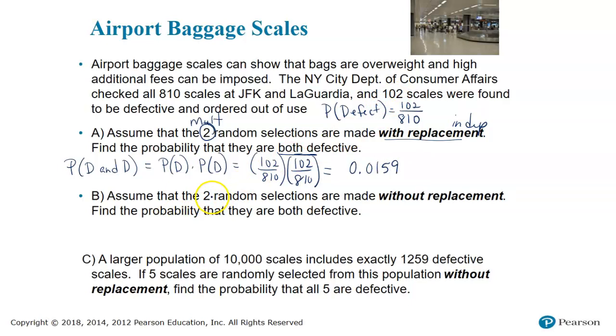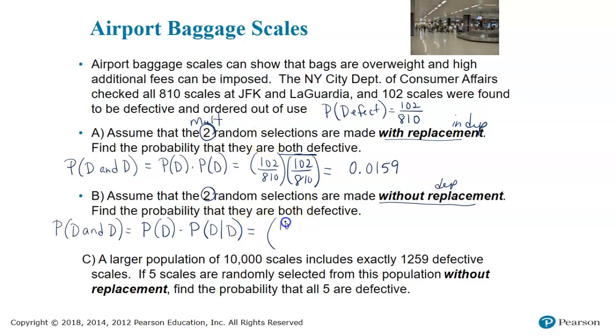Okay, moving on to the second one, we're still selecting 2. This one's without replacement, so it's dependent. So when we do the probability of defective and then defective, because it's dependent, we're going to have to do the probability of a defect times the probability of a defect given that the first one was also defective.